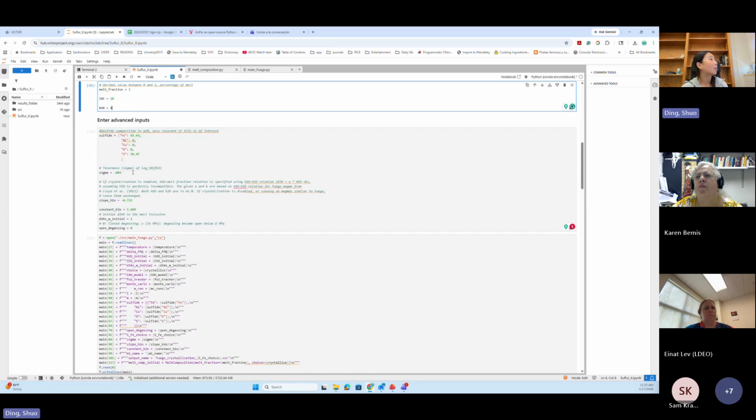Okay. So here, the sulfide composition is really about using it to calculate a potential sulfide solubility. Instead of degassing, another likelihood to sequester sulfur is forming sulfide. If you are looking at a really reduced magma, there is a possibility that it could form sulfide.